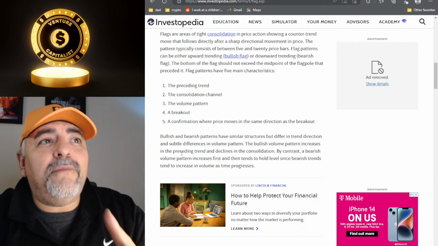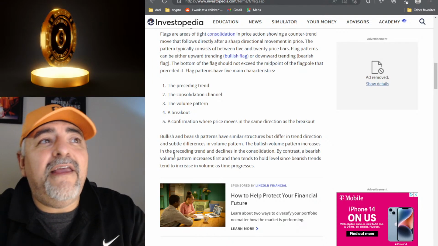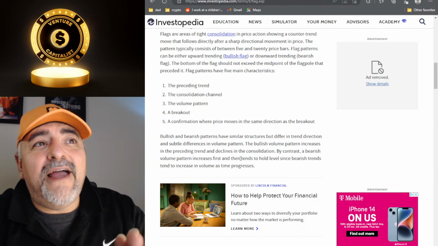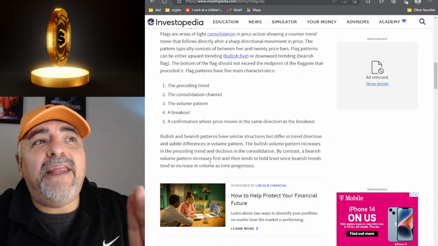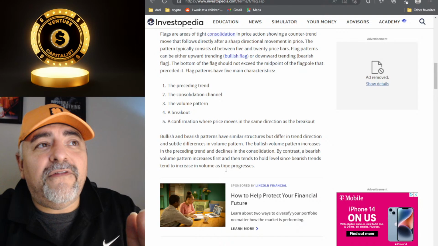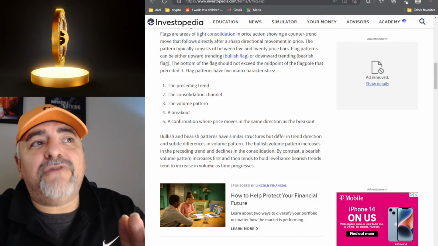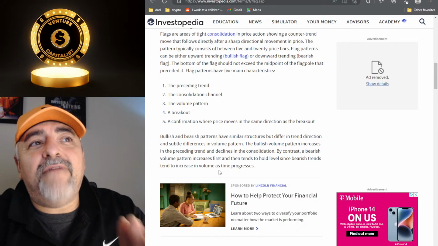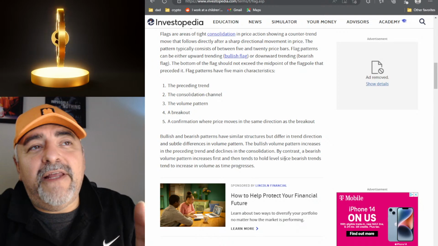Okay? The subtle difference is in volume patterns. The bullish volume patterns increase in the preceding trend and decline in the consolidation. By contrast, a bearish volume pattern increases first and then tends to hold a level, since bearish trends tend to increase in volume as time progresses. Okay, let's read that again.